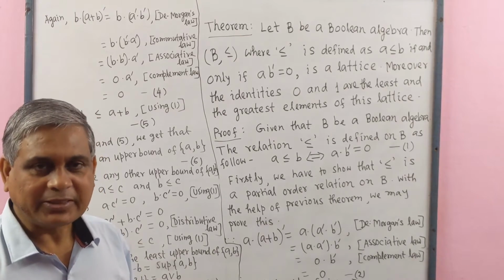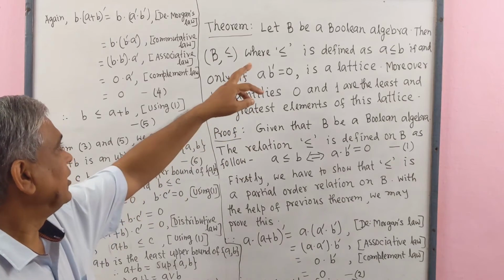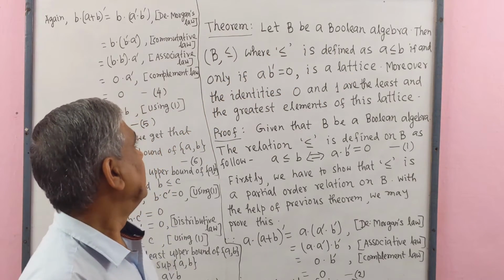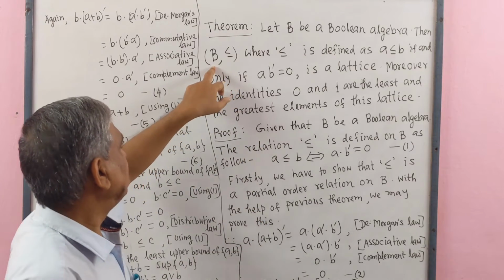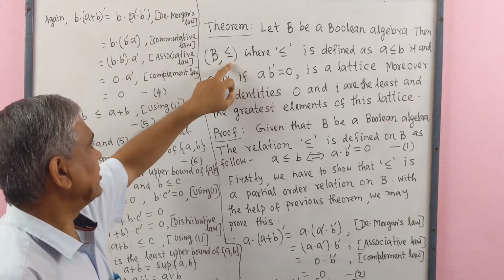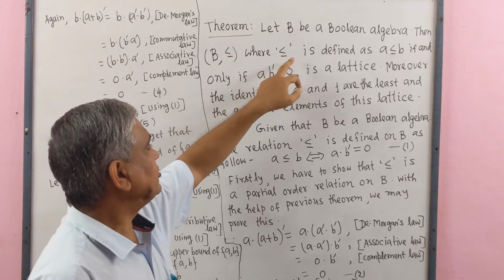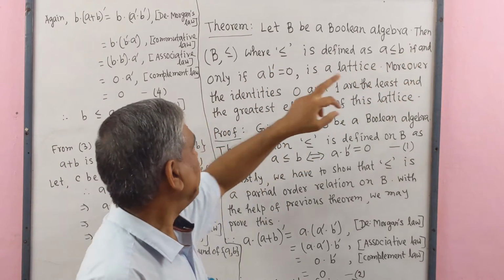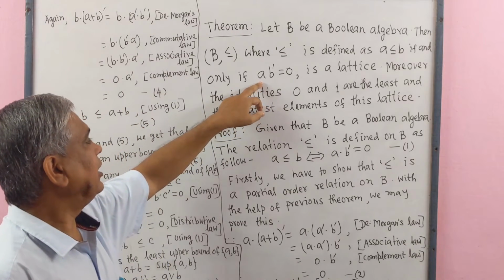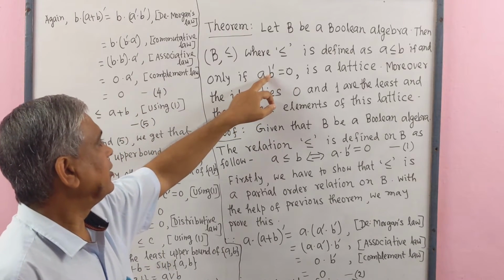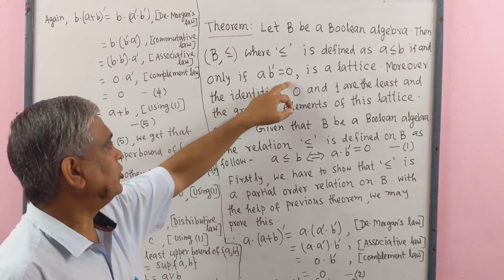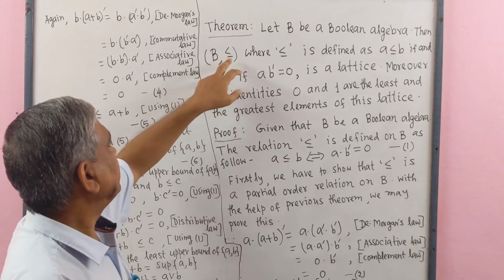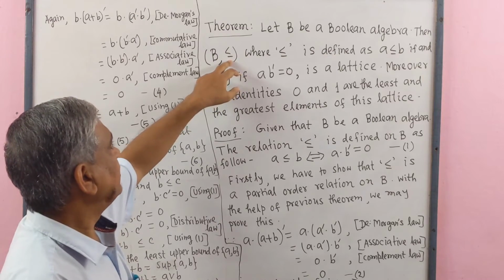Now we prove a theorem. Theorem is, let capital B be a Boolean algebra. Then B with this relation, where this relation is defined as A is related to B if and only if A dot complement of B equal to 0, then B with this relation is a lattice.